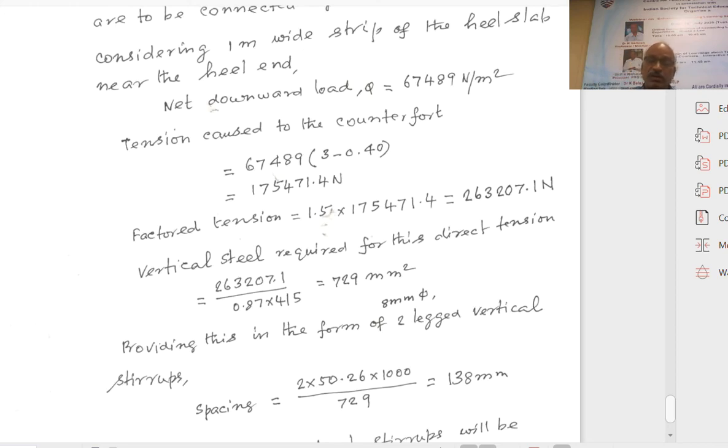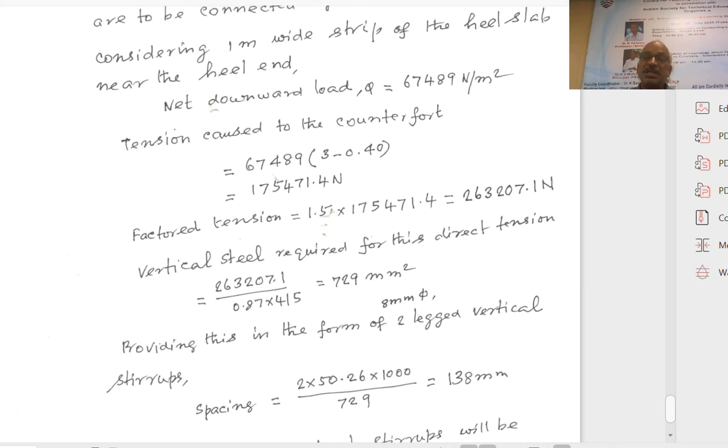So this value equals 175,471.4 newtons. So factored tension is equal to, multiply this by the partial safety factor, you get 263,207.1. So this is the factored force for which you have to design.